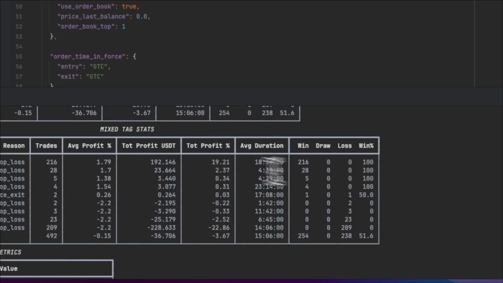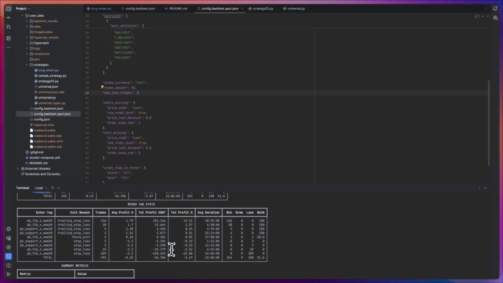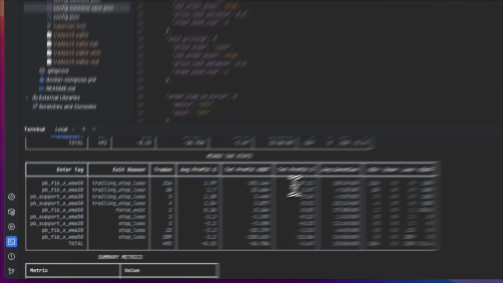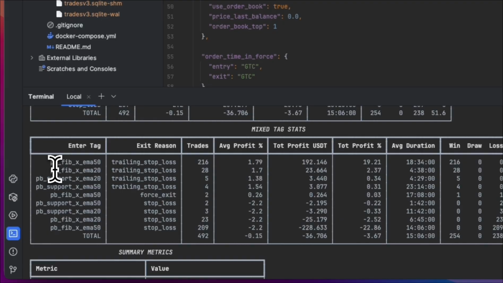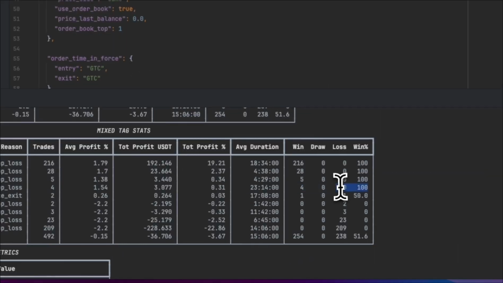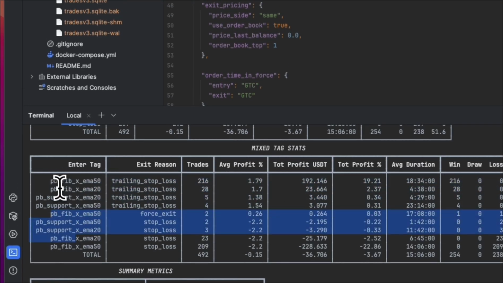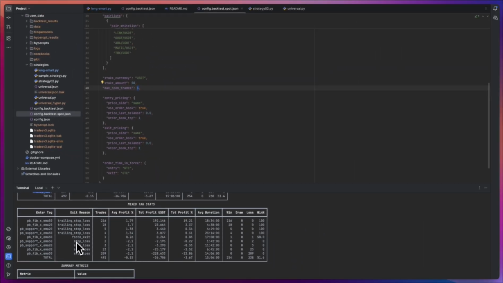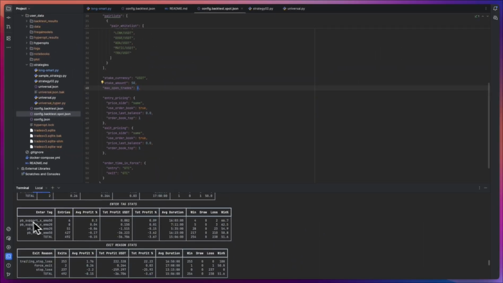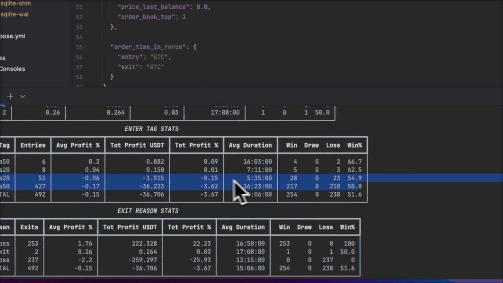But before making these implementations, I want to do further analysis. And here's what I found: with our tags, we have profitable tags that generate lots of profit, and we have unprofitable ones. So we can analyze what those are. We can see here that the Fibonacci entries are actually unprofitable.